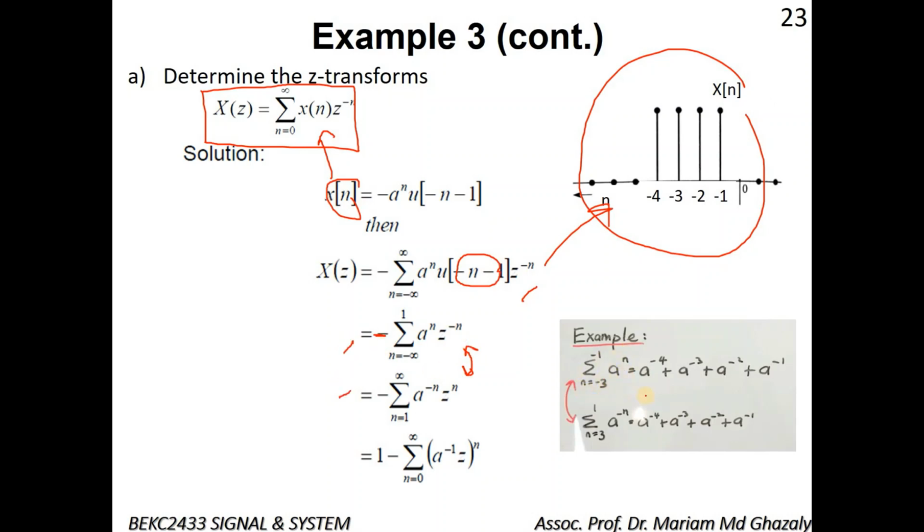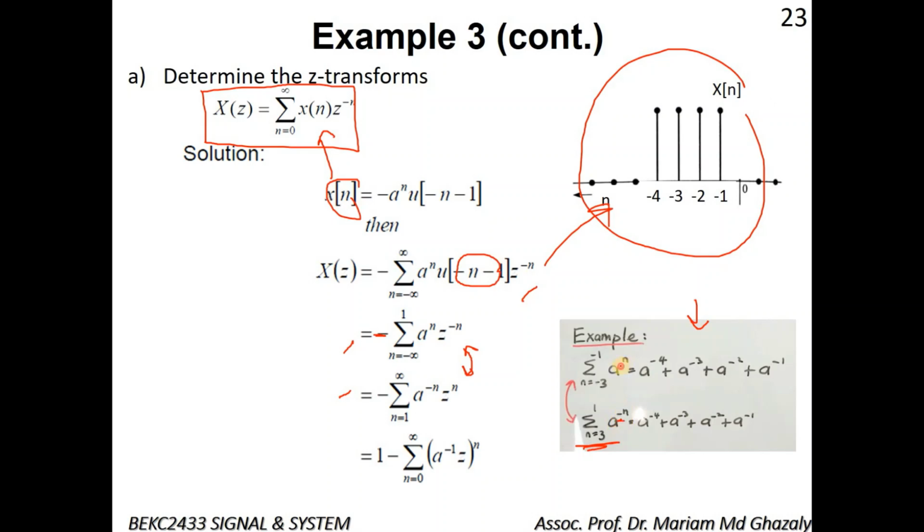You can write it either like this or like this. Here is an example on the right side, look at this. You have the summation of n from minus 3 until minus 1 on the left-sided sequence, a^n. So you have a to the power of minus 3 plus a to the power of minus 2 plus a to the power of minus 1, which is the same as this equation, given by the summation of n from 1 to 3 with a^(-n).